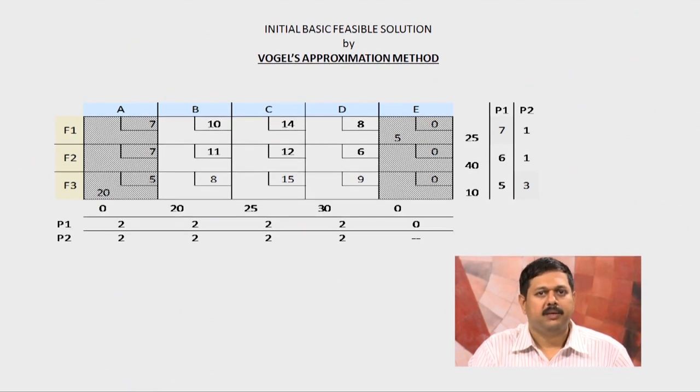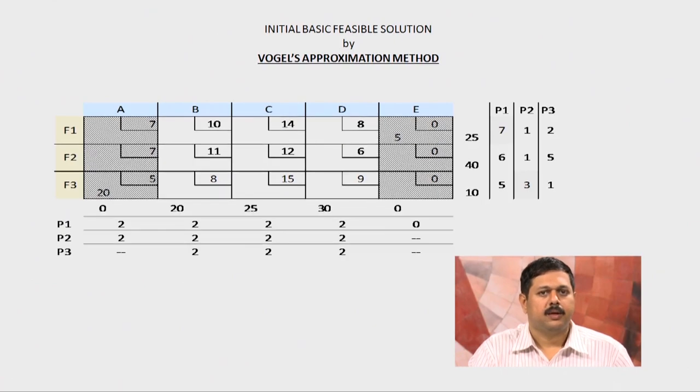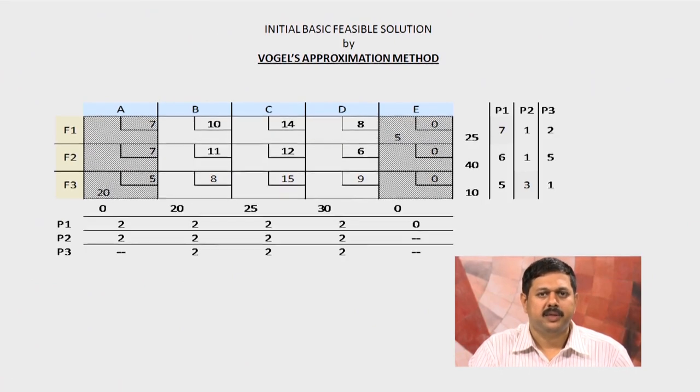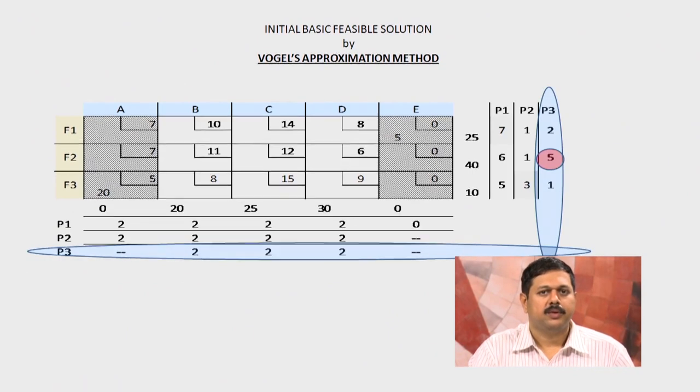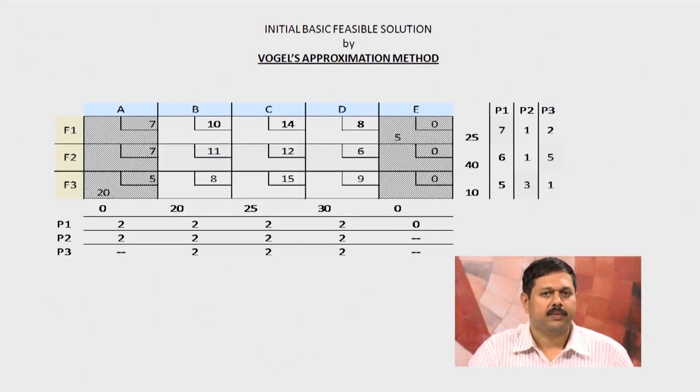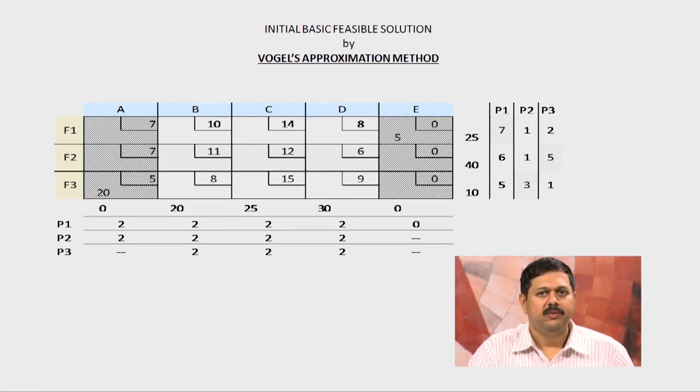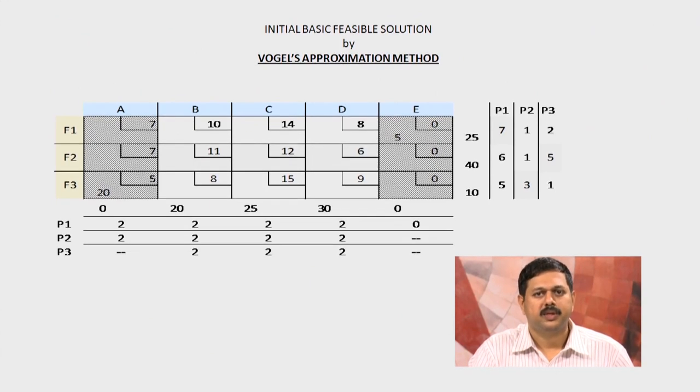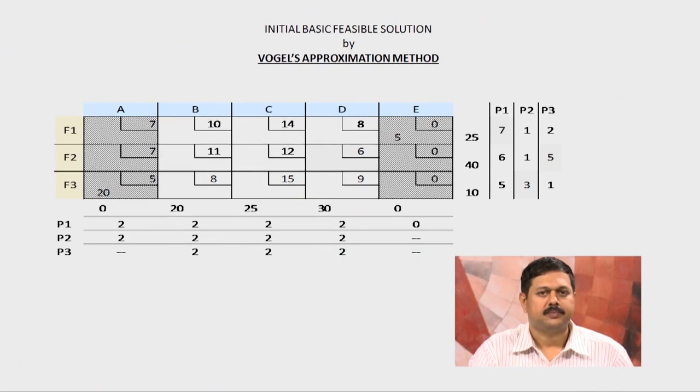Calculate the next penalty P3. Now, among all the penalties P3, the highest penalty is 5. Choose the F2 row corresponding to penalty 5. Among 11, 12 and 6, the least cost of transportation is 6. So, choose the cell containing 6.